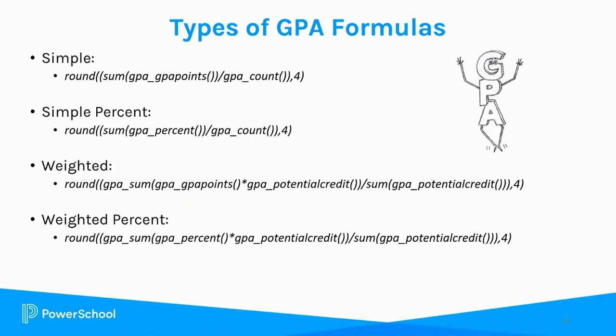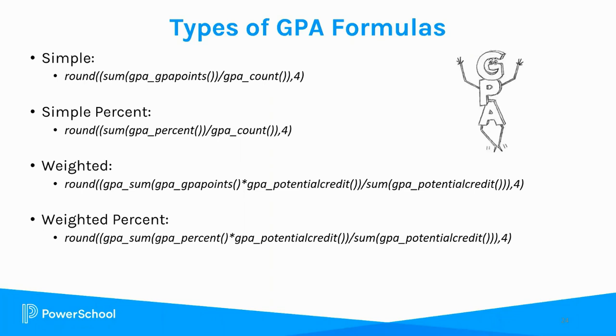Some we're going to go over today are what we call simple percent, weighted, and weighted percent. Again, you can call them whatever, but to the system, and just to keep everything on the same ground level, we know what we're discussing here. When I say simple, what I mean is GPA points divided by GPA count.